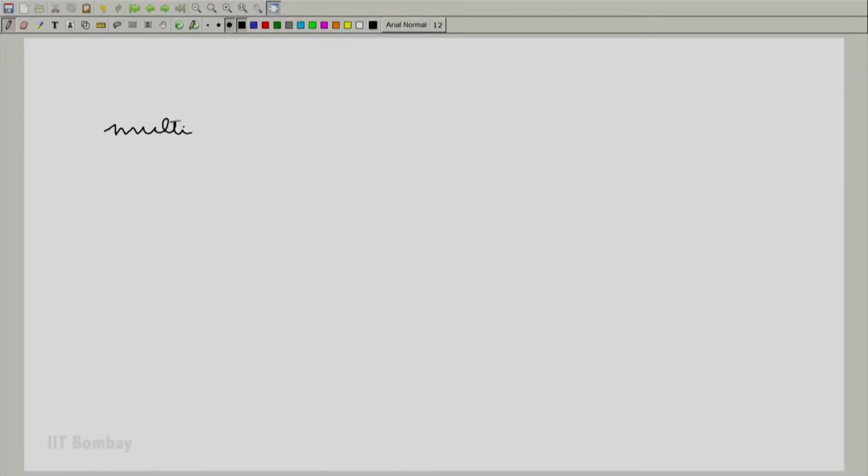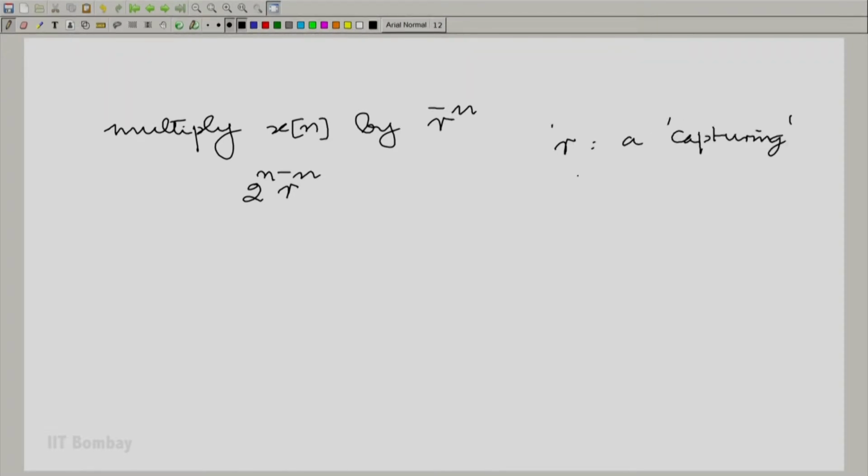So, let us do that. Let us now multiply x[n] by, let us call it, r^n. So, you have 2^n times r^n. In fact, let us make it r^(-n). So, essentially r is a capturing factor.